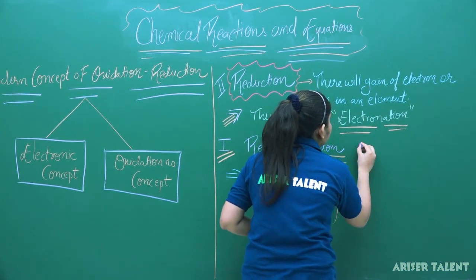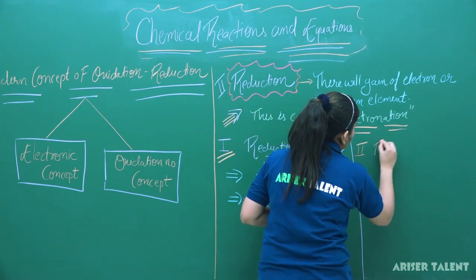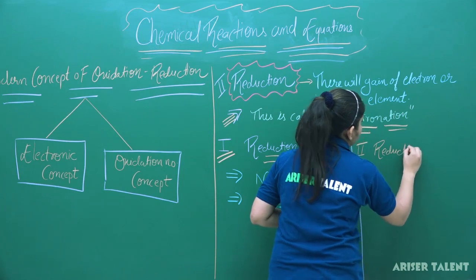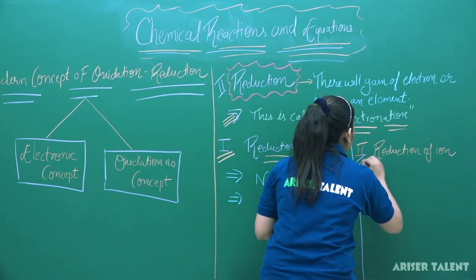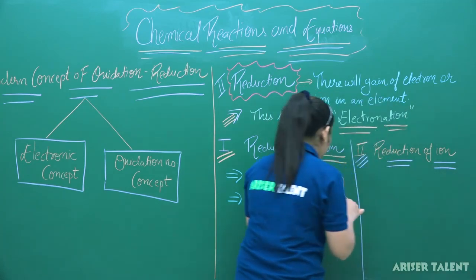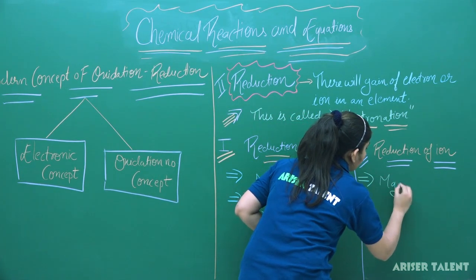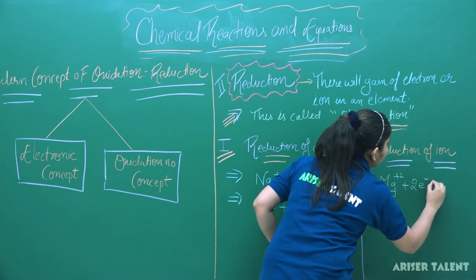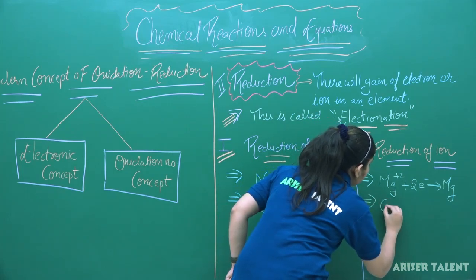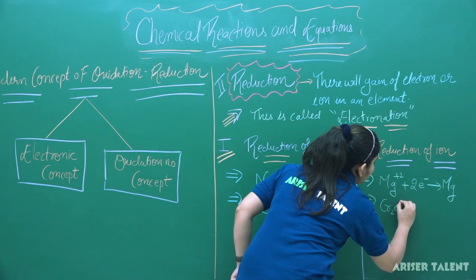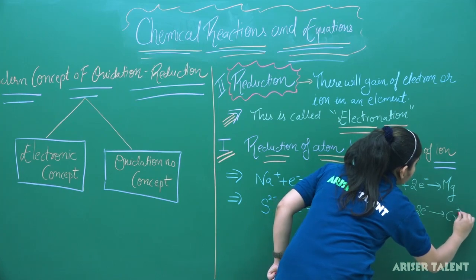Now we have our second category, that is reduction of ion. In the category of reduction of ion, we have another set of examples. Our first example is Mg2+ + 2e- gives Mg. Second example: Cr2O7 2- + 2e- gives Cr4.